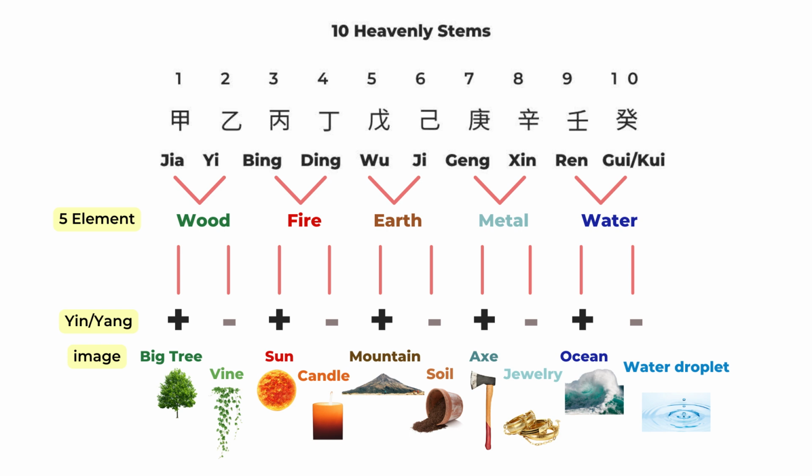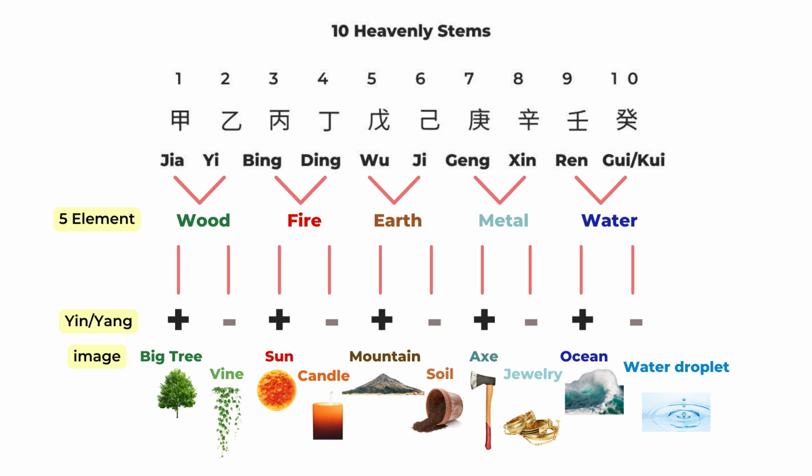For number 5, Wu, the yang earth, is related to a mountain. And number 6, Ji, is yin earth, and it's related to garden soil. And number 7, Geng, the yang metal, is related to an axe, and the Xin, or the yin metal, is related to jewelry or gold as accessories.